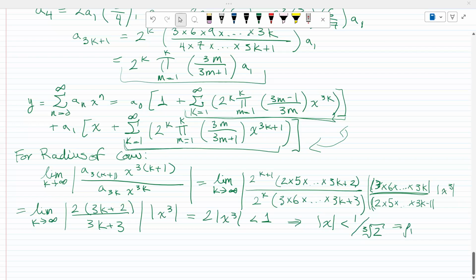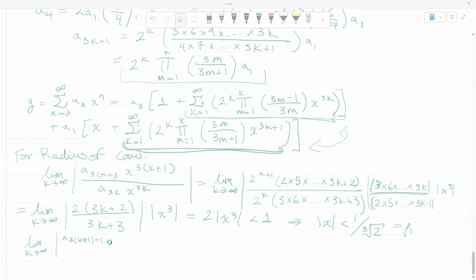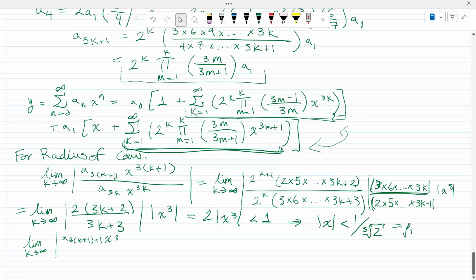Then we also need to check the radius of convergence for this series right here. So we take the limit as k approaches infinity of a 3k plus 1 plus 1 times x to the 3 times k plus 1, divided by a 3k plus 1 times x to the 3k plus 1.